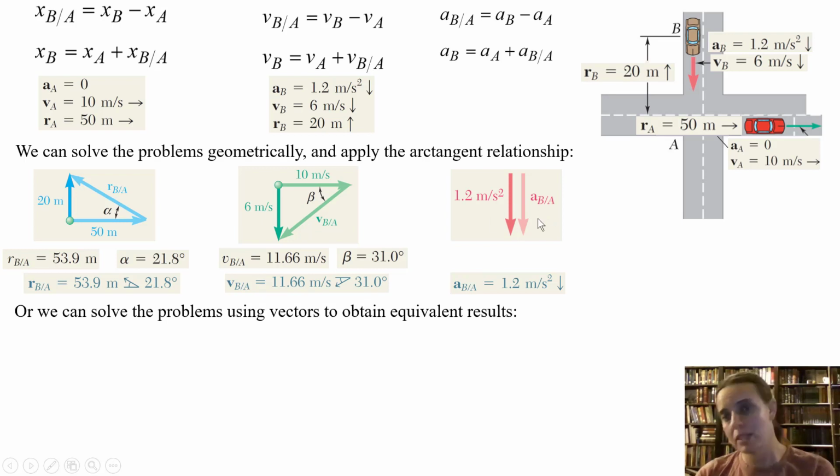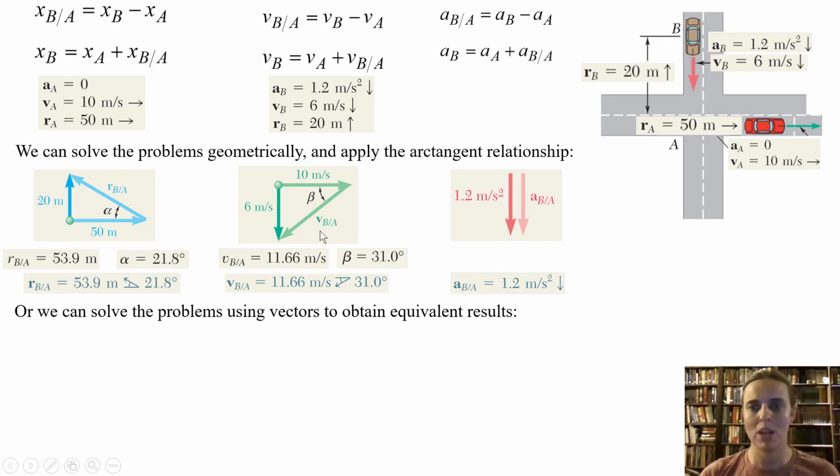For acceleration, that's not too exciting. Because B is the only one that is accelerating, acceleration of A is 0, then B is what the relative acceleration is. It's down. And look at the direction of this thing. So B relative to A, if you're in the car at A and you're looking back at B, this is the direction that you're going to be looking in.